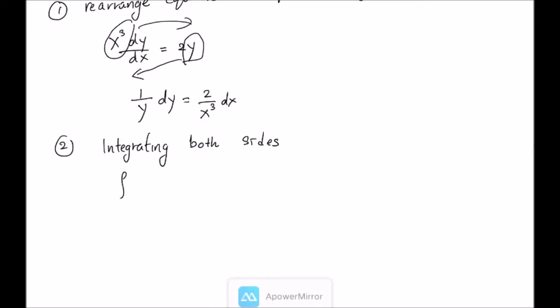So you integrate 1 over y dy equal to the integral of 2 x^(-3) dx.